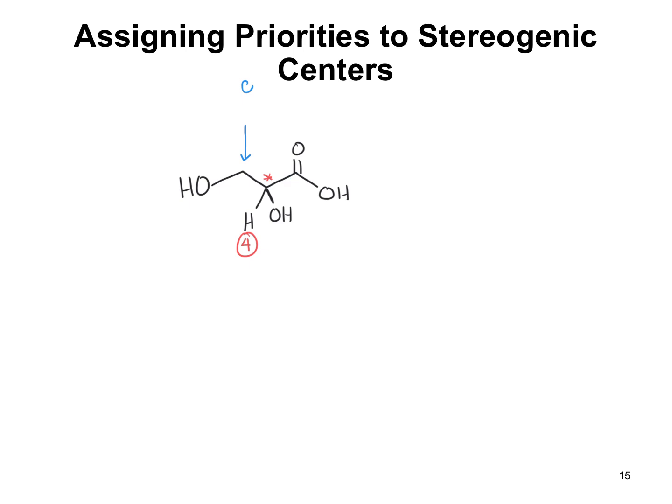So that leads me to believe that that oxygen is going to have the highest priority. And so I've got 1 and 4, but I'm trying to decide between 2 and 3. So I need to think about what this carbon and this carbon, like what bonds they have.